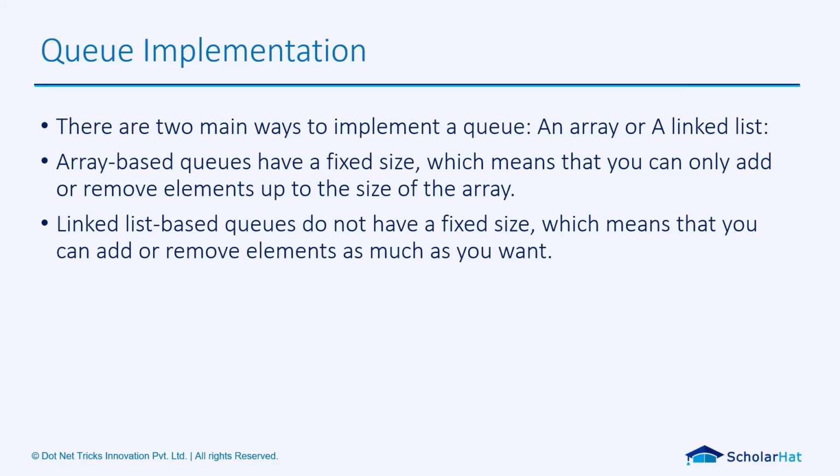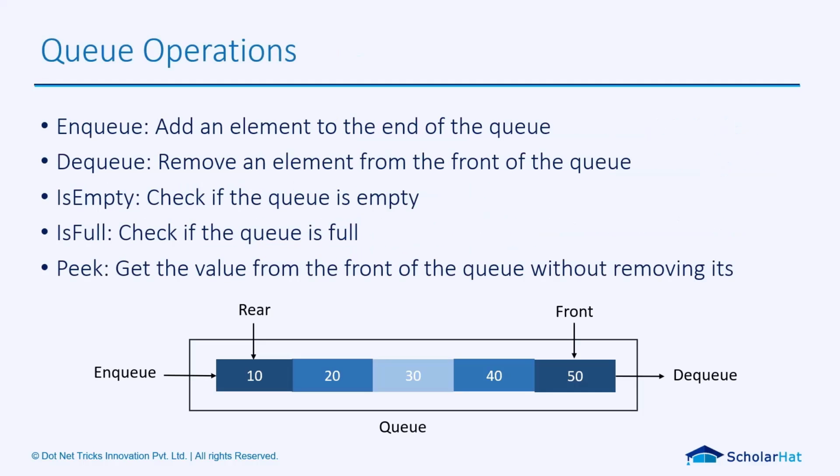We're going to see both one by one. Array based queues are fixed size, which means you can add or remove elements only up to the size of the array. Whereas linked list based queues do not have a fixed size, which means you can add or remove as many elements as you want.